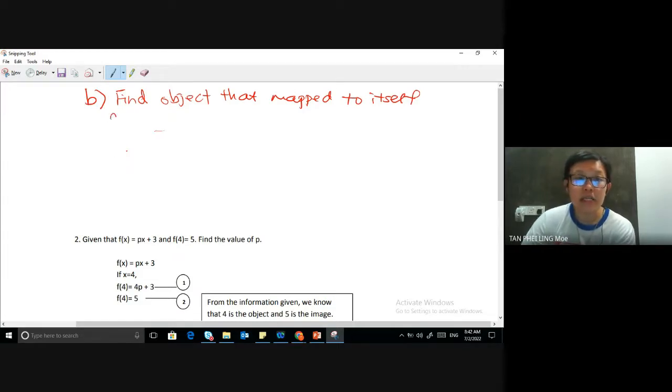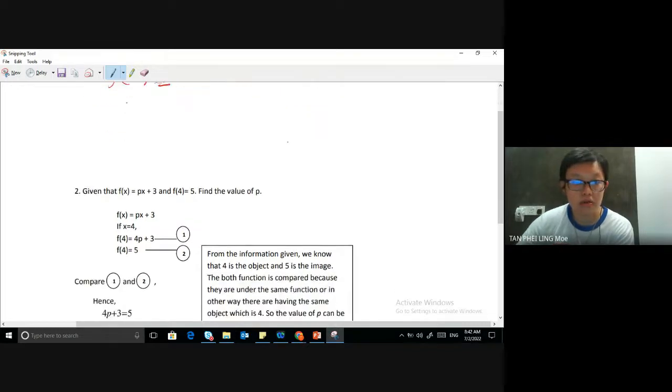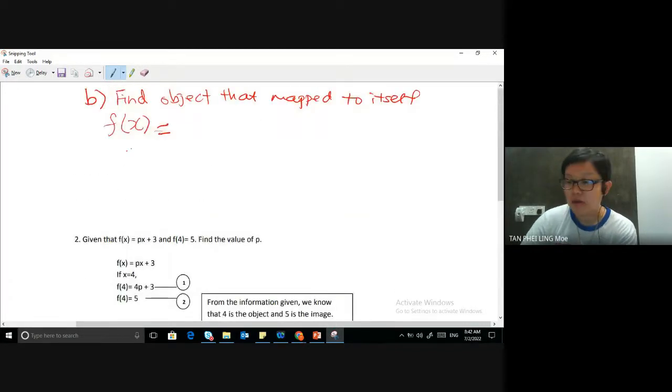Write down again from part A, we found that our f(x) is equal to, because we now find out that our x is actually half, so we have half x plus 3, or we can also write it as x over 2 plus 3. Everyone, please write down that we add on to the question, find object that maps to itself.